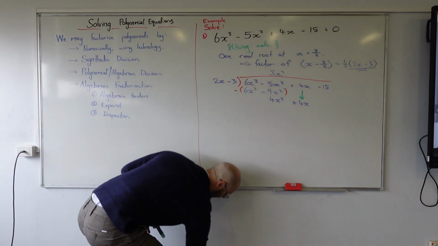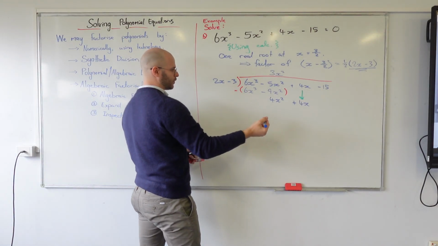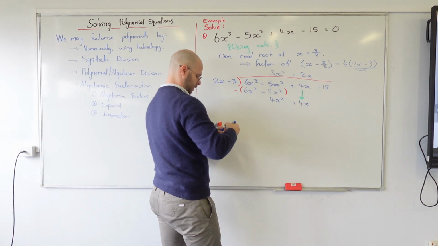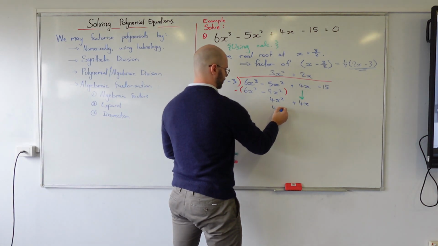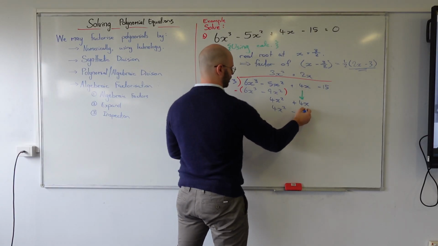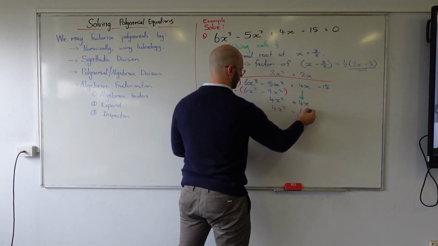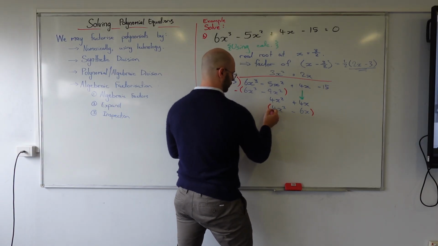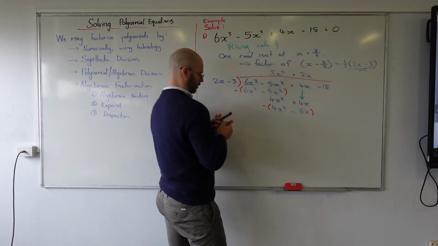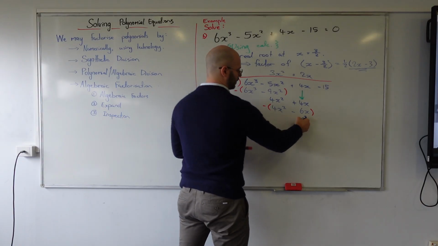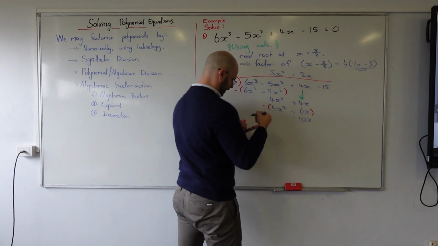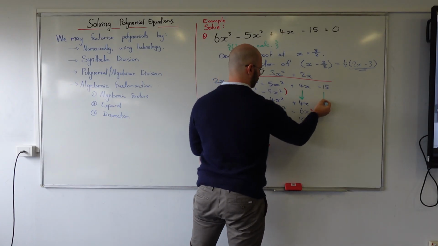What do we need to multiply 2x by to turn it into 4x squared? 2x. That's going to give us 4x squared. That's going to give us negative 6x. Is that correct? Yeah. Good. This will be 0. This will be 10x. Then bring down the minus 15.